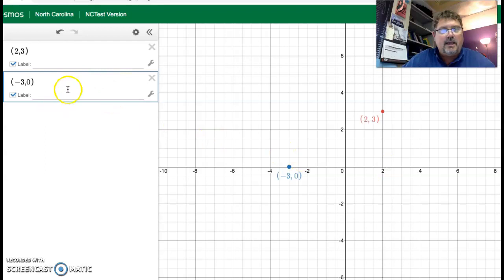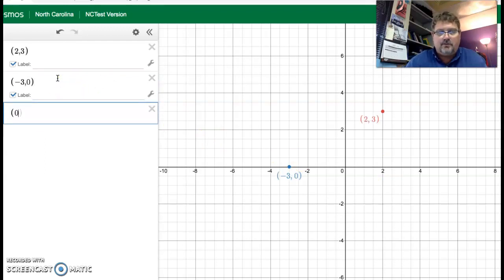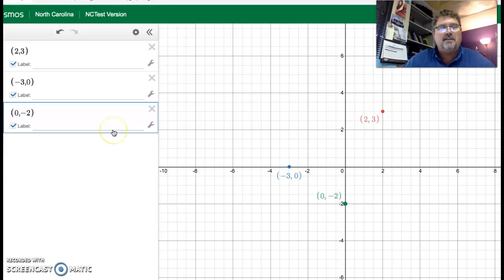If you have a 0 for x, let's do another one of these. We'll put a 0 for x and a negative 2 in here, and that's going to live on the y-axis. It always works that way. 0 for y lives on the x-axis. 0 for x lives on the y-axis. That's also in the Delta Math a little bit.